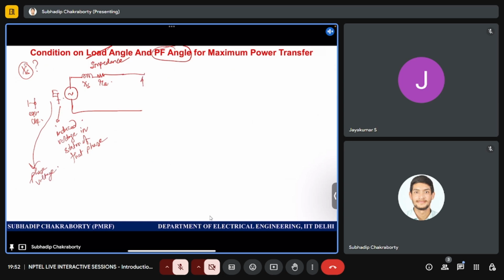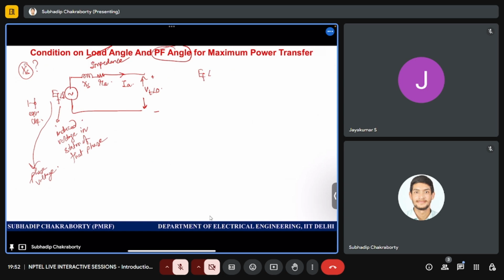So we now have the VT, right? And this is IA, armature current of one phase. Assuming it is working as a generator, can you write the equations for me?